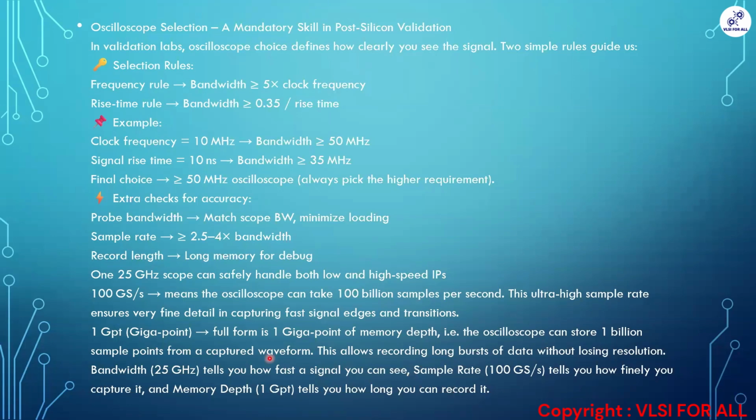Like we see the sample rate, it is 100 giga samples per second. Here 1 GPT means giga points, how long you can record it. Here GS/s means giga samples per second.